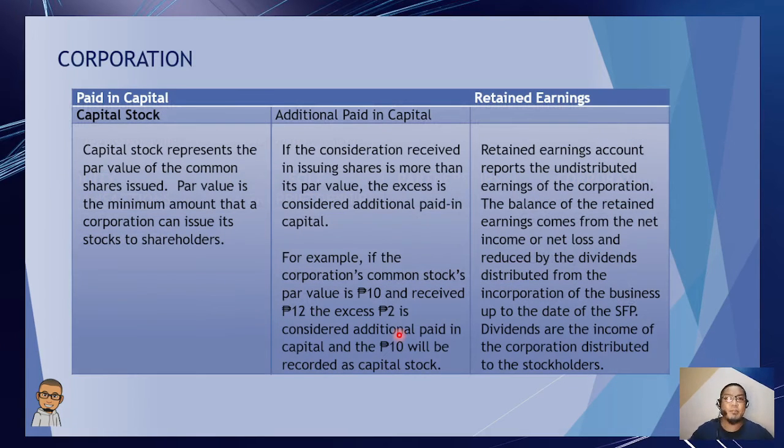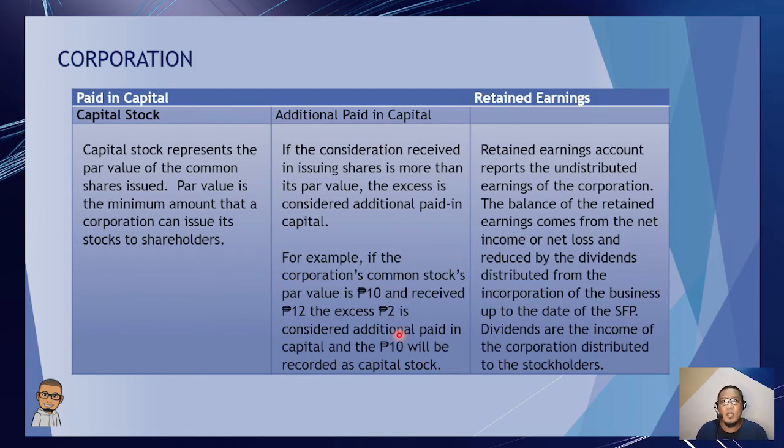So, ano ba tong capital stock na to? Ano ba tong additional paid-in capital? Ano tong retained earnings? Now, paid-in capital muna yung pag-usapan natin. Dalawa yung paid-in capital. Now, the capital or the capital stock represents the par value of the common shares issued. Par value is the minimum amount that a corporation can issue its stock to shareholders.